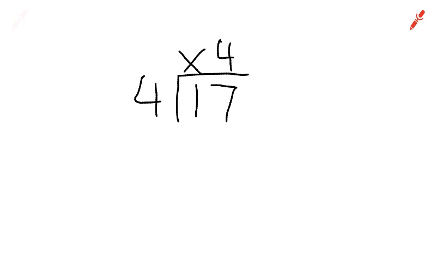C, we have 17 divided by 4. 4 does not go into 1. 4 does go into 17. We know that 4 times 4 is 16. Go ahead and put that down.